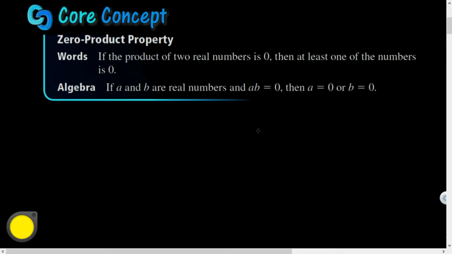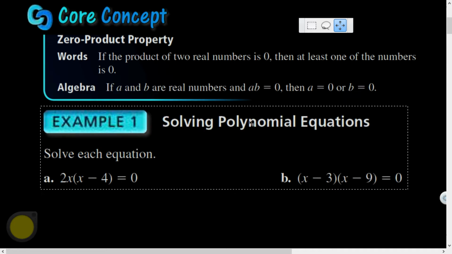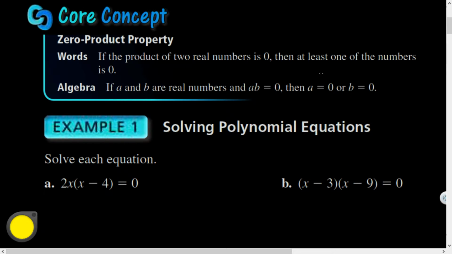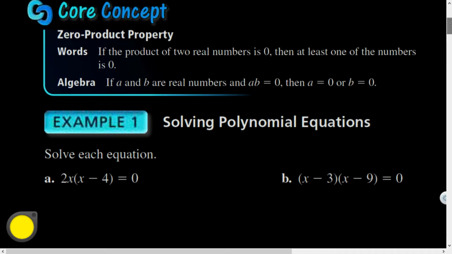So how do I use that to solve an equation? Let me combine some of these thoughts for us in example 1. Here's example 1, part A. Is this factored? It's written as a product. Yes, so it's factored. And it says solve each equation, and we were just told we could use this zero product property to solve our equations.